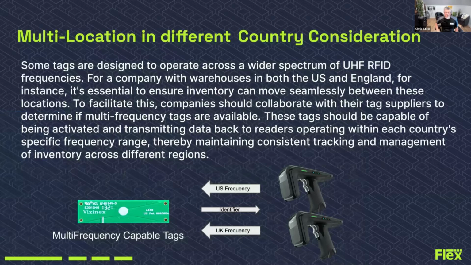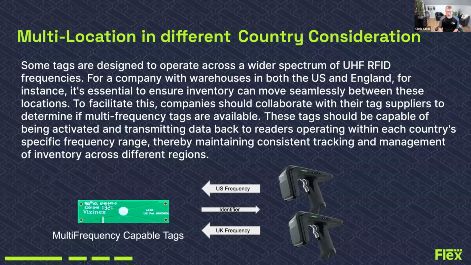One of the things to think about as you look at RFID is, if you are a multinational location, how do you handle it if one scanner in one country has to be on one range and another scanner in another country is in a different range? Ideally, you'd like one chip to respond to both, and there are very specific tags that can work in multiple frequencies.